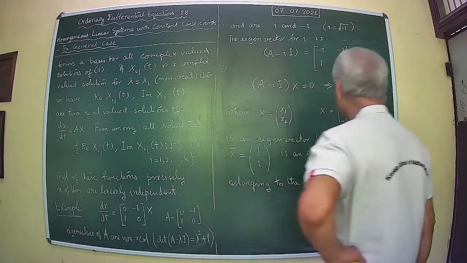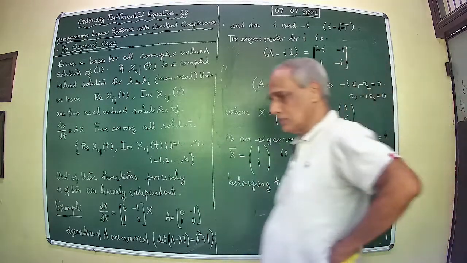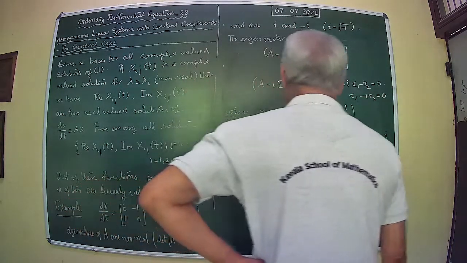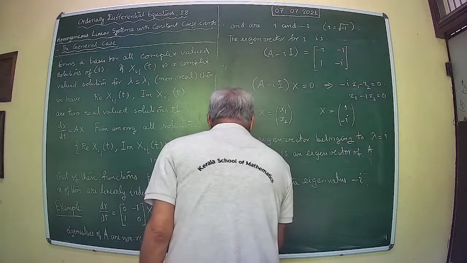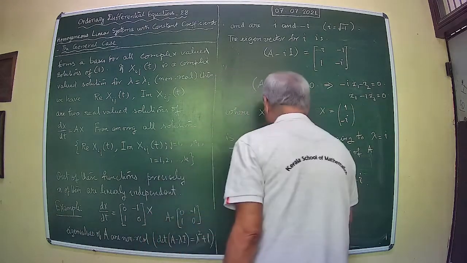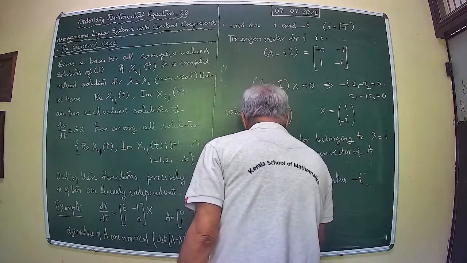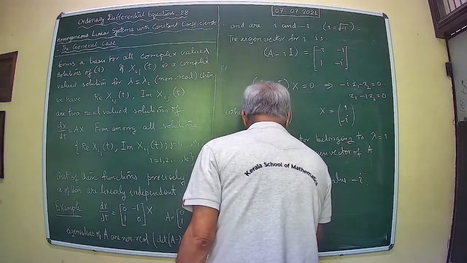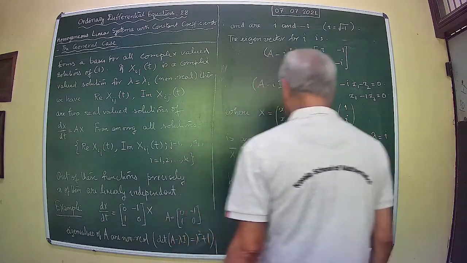This is quite easy to check. Okay. Therefore, what are the solutions that you have? So x(t) equal to what is it? 1, i, e to the power it is one solution.